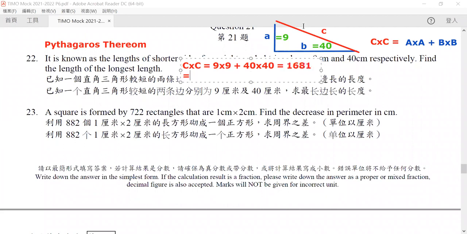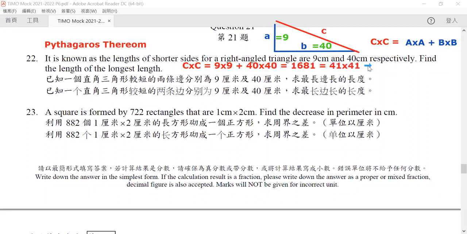But what is the value of 1681? 1681 is exactly equal to 41 times 41. So the square of our side is equal to the square of 41, hence our side is equal to 41. Again, by applying the Pythagoras theorem, you can very easily calculate the result.